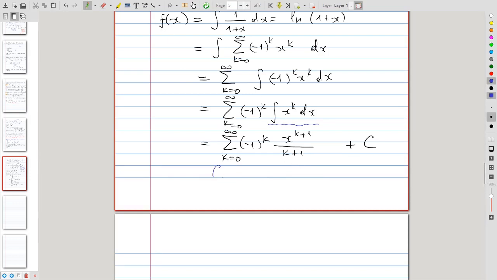We know that it is convergent for absolute value x less than 1. Right? So this is because integration preserves the radius of convergence. And of course, we are not saying anything about the endpoints.